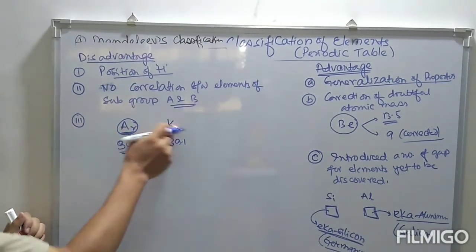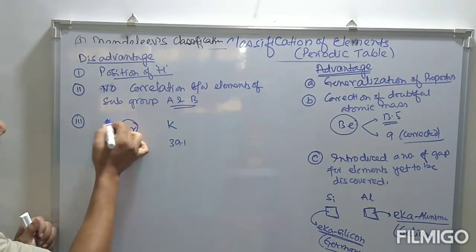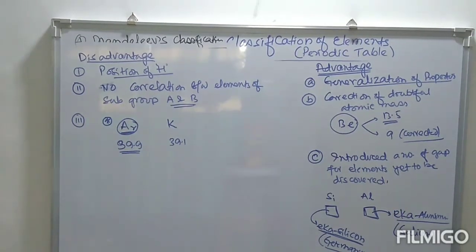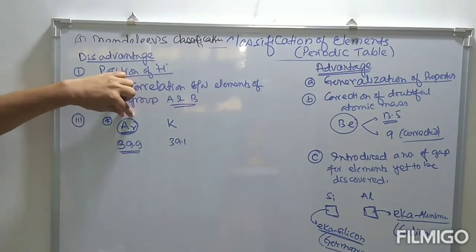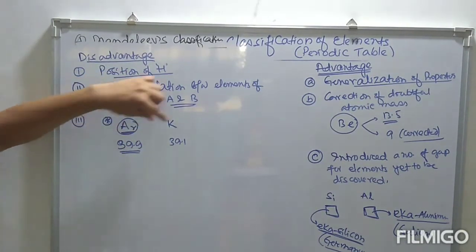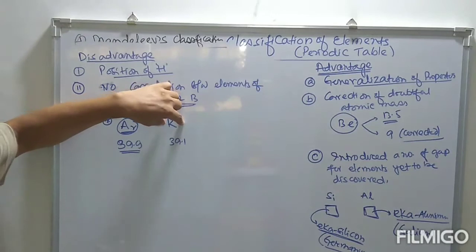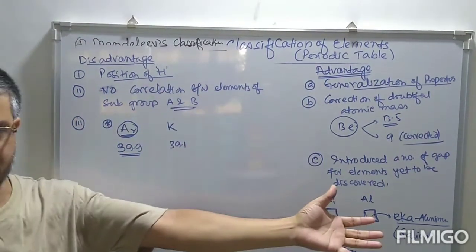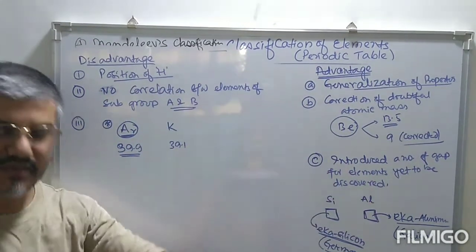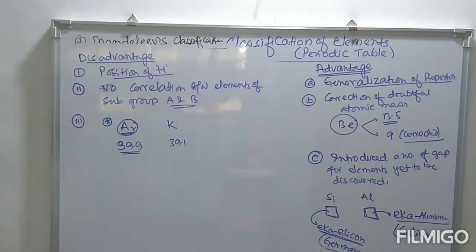But if you look at this, argon comes before. So why does argon, having greater atomic mass, precede potassium, having lower atomic mass, in the periodic classification? So he himself contradicts this.